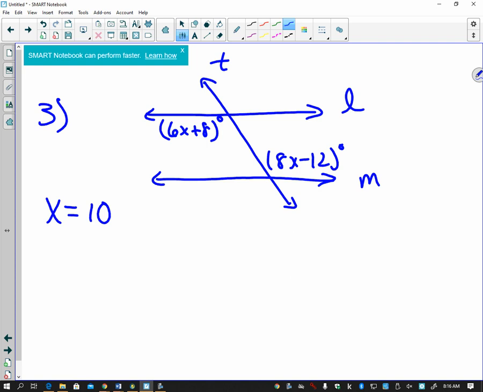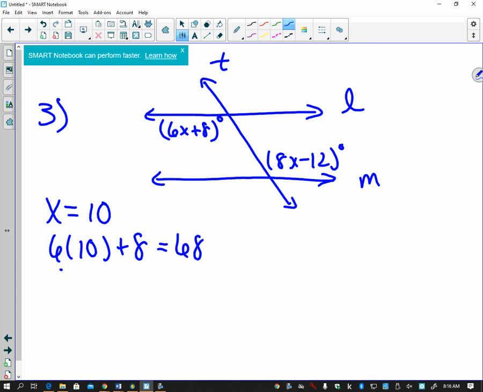Substitute it in. So I would be writing 6 times 10 plus 8. I don't know that X, because I'm just testing stuff out here. So we'll see if it works. Okay. So we got 68, right?